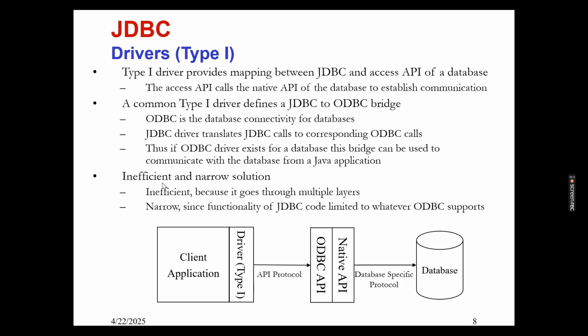It has a main disadvantage: very limited database usage. Only those databases which are supported by ODBC can be connected, and we do not have much scope to connect with advanced databases.